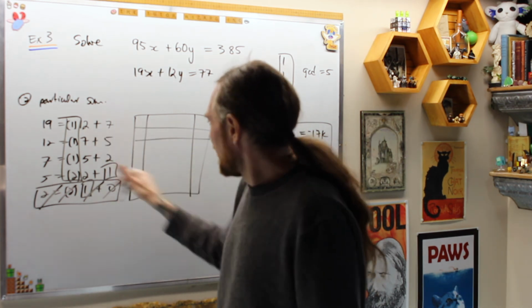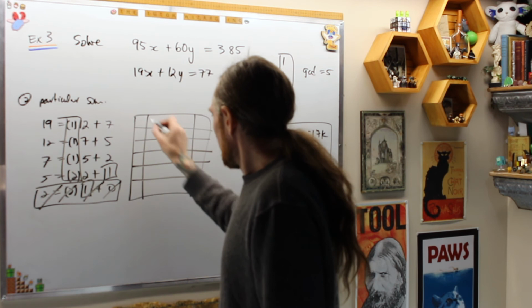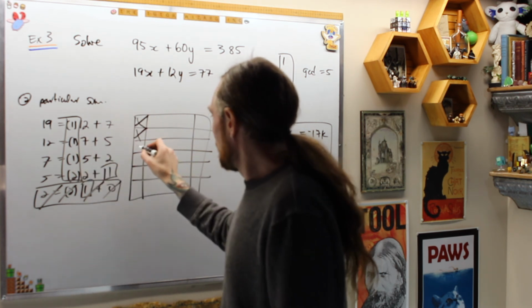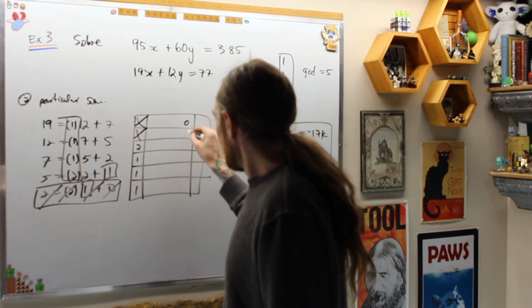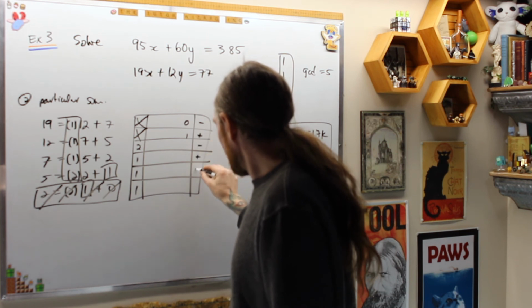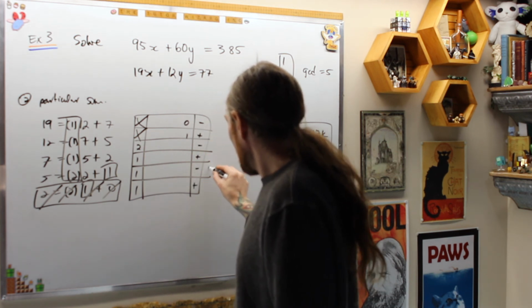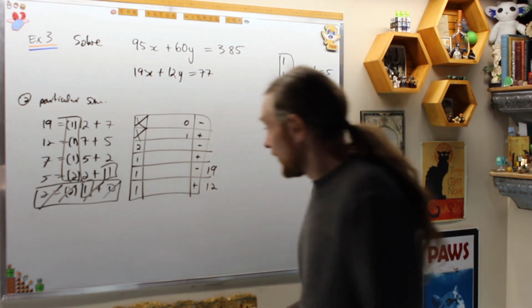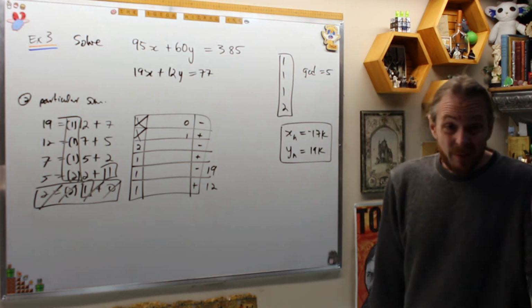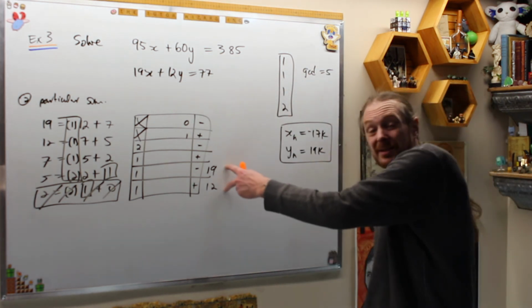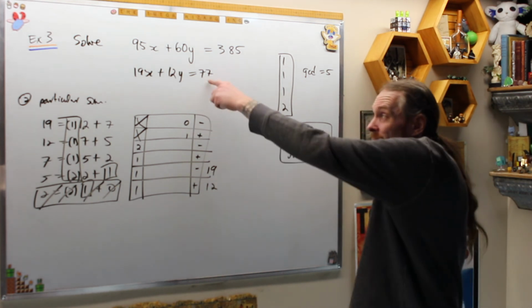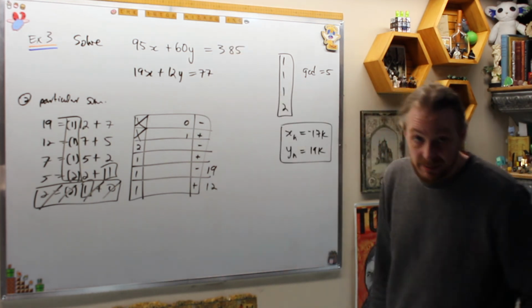So the first 2, and then I need 4 more. So no, no, and then I get 2, 1, 1, 1, 0, 1, with signs negative, plus, negative, plus, negative, plus. This will be on 19, this will be on 12. Now you'll see the clever idea. I'm trying to write 1 as a linear combination of 12 and 19. Then we'll multiply by 77 to get a clever particular solution.